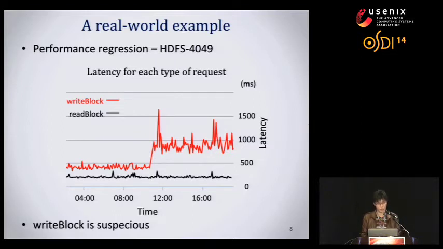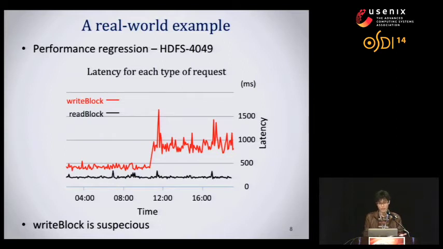This is a screenshot from Iprof's web user interface. The y-axis is the latency, and the x-axis is the real-world time. Each line in the graph represents one type of request, with each point on the line as one instance of the request. The red line in the graph is a write block request in HDFS, and the black line is a read block request in HDFS.